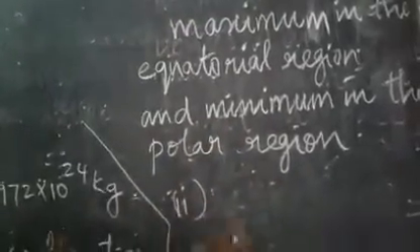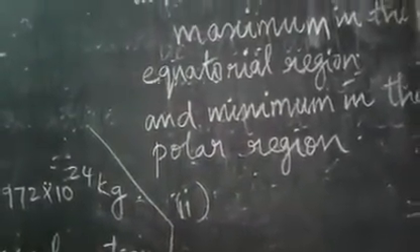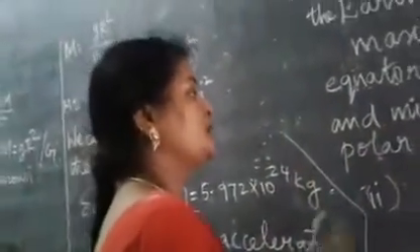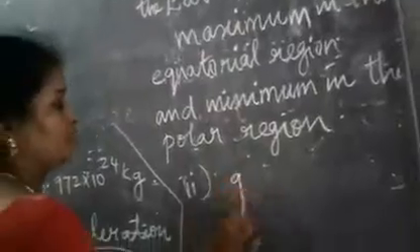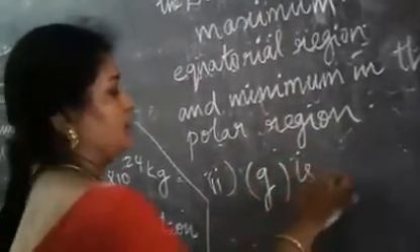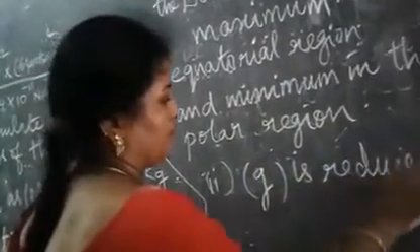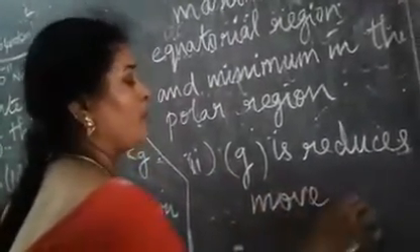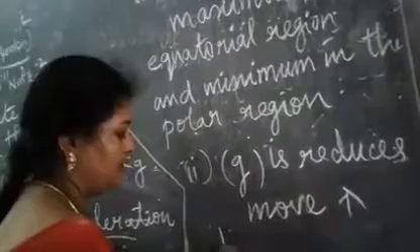Next, when we move upwards or downwards from the earth's surface, the value of small g reduces.